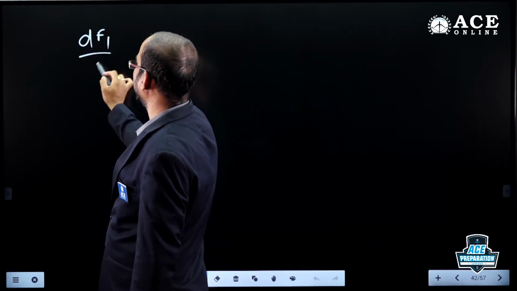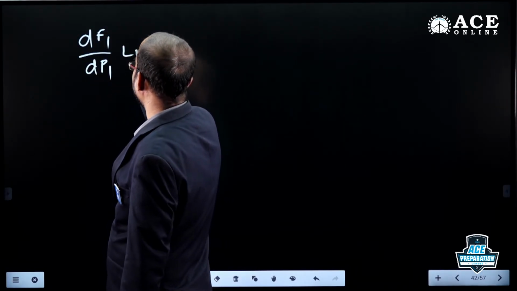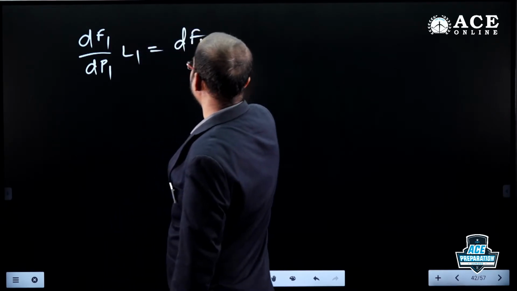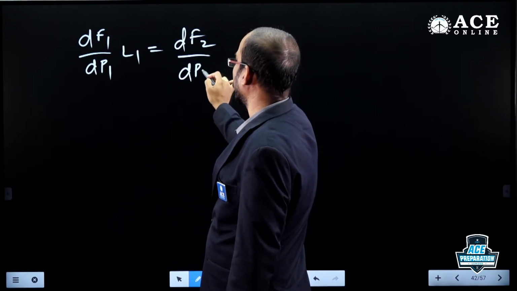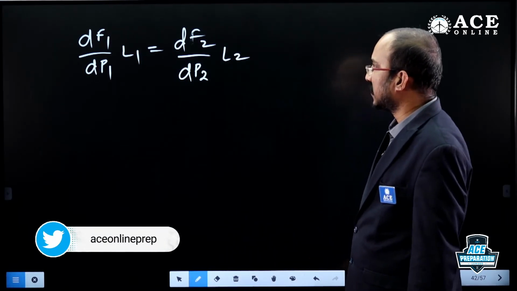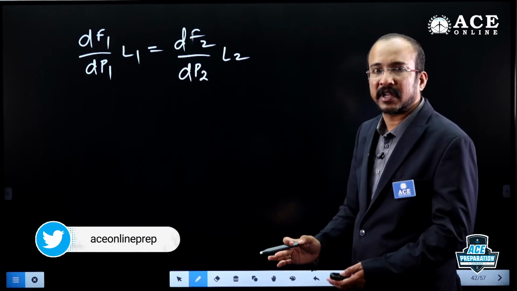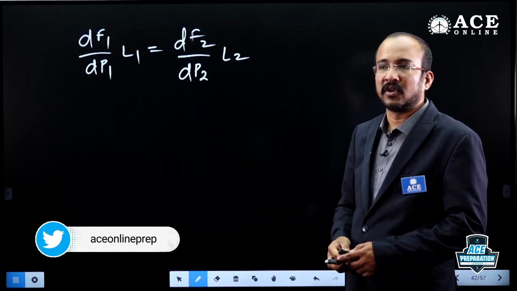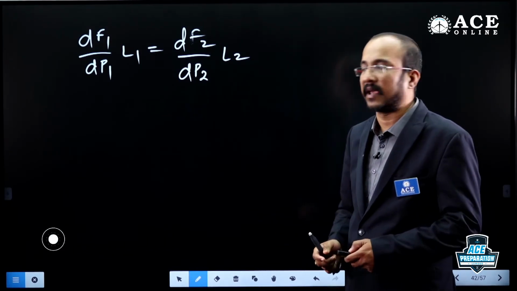df1 by dp1 into L1 is equal to df2 by dp2 into L2. So this must be the same. The product of incremental fuel cost and penalty factor of all the units must be the same.